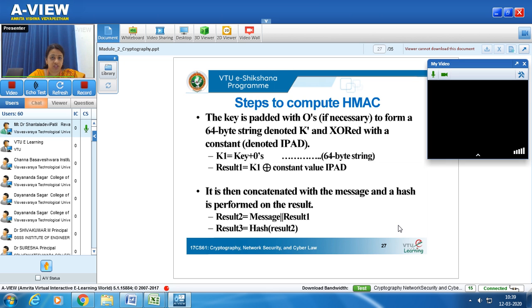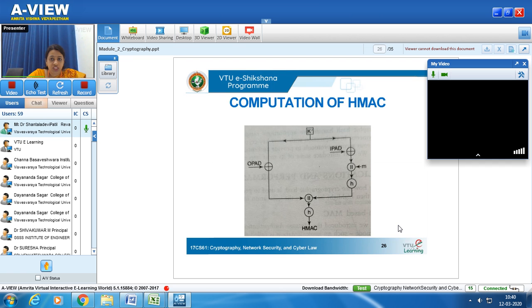So over here we have the key padded with zeros in order to get K dash or K1. Now this K1 is then XORed with the constant value of iPad, and we get result 1. So in this diagram we are obtaining result 1 here.